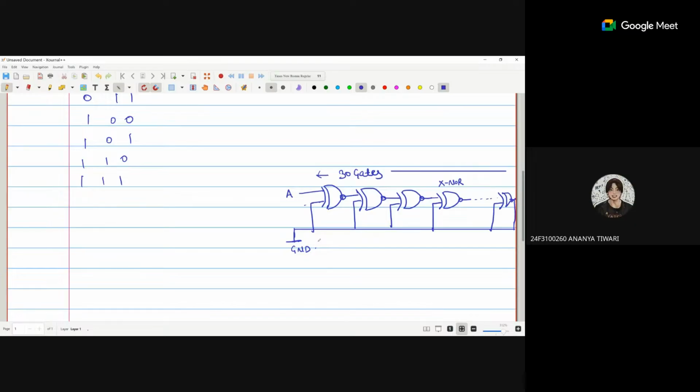So we will get A. The output is here. Or A. Oh, sorry, sir. Okay. A bar, 1 and 0.